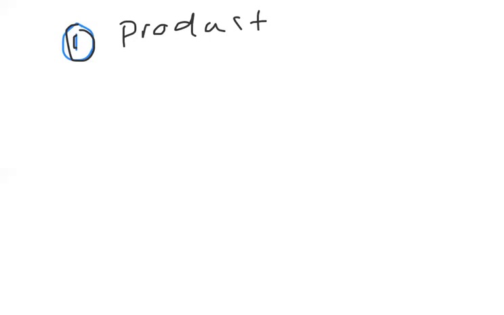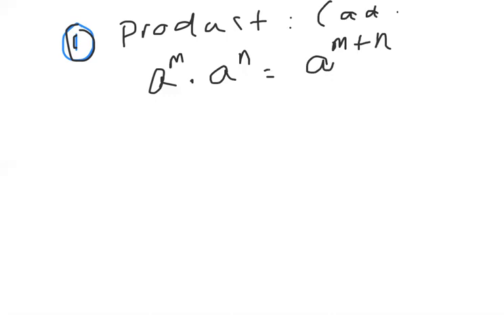The product rule states this: if you are multiplying with the same base, in this case the base is A, you keep the base A, and you add the powers or the exponents together. So in other words, multiplication becomes addition, okay?